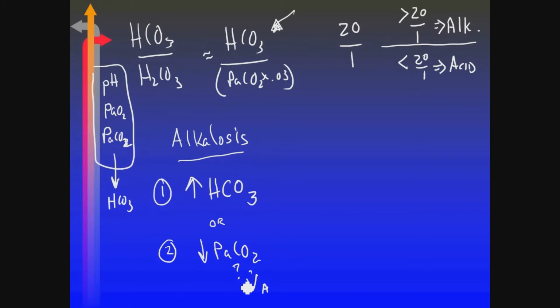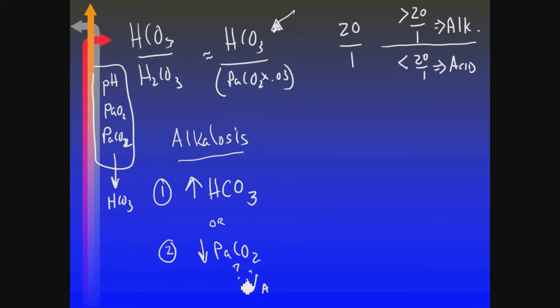If the bicarbonate ion goes up, we're going to call that a non-respiratory, or more specifically, a metabolic alkalosis. We'll go over this again and again.